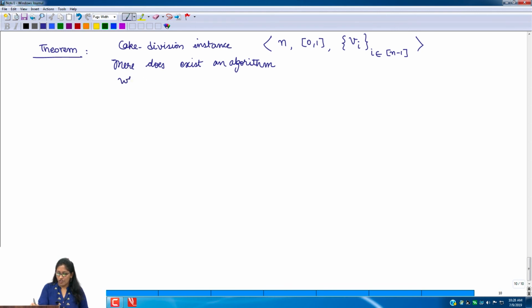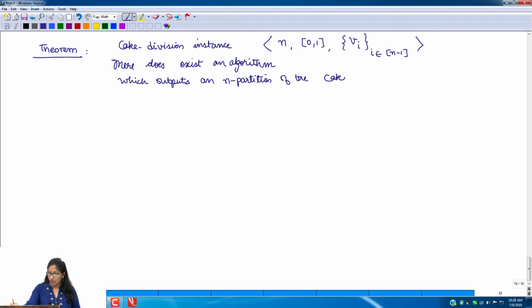which outputs an n partition of the cake. Let me just denote it by p again because I've been doing it. So n partition, and note that it is contiguous, right?